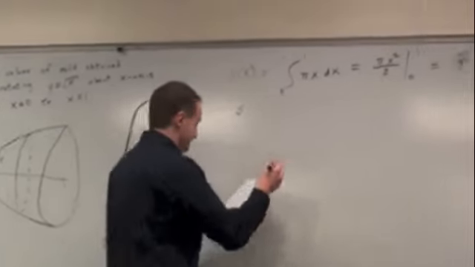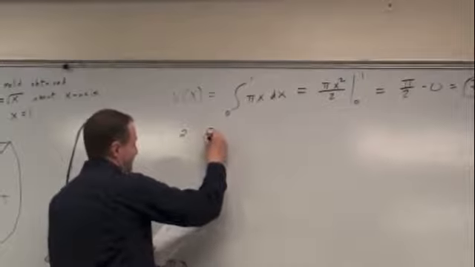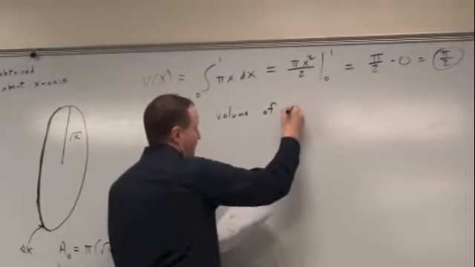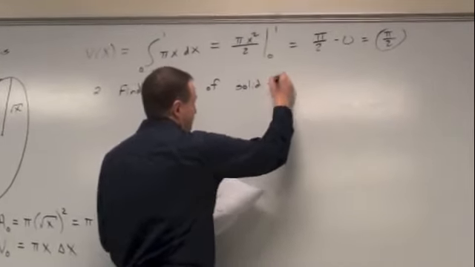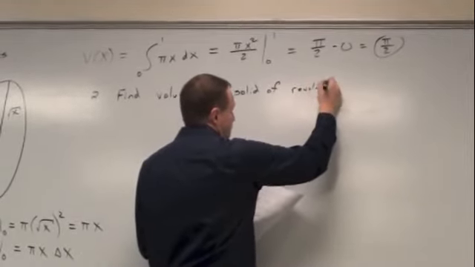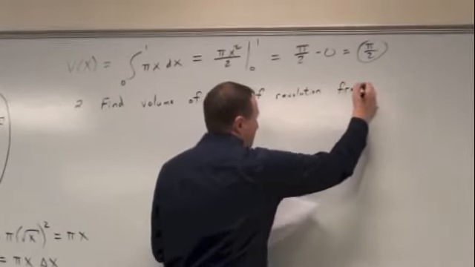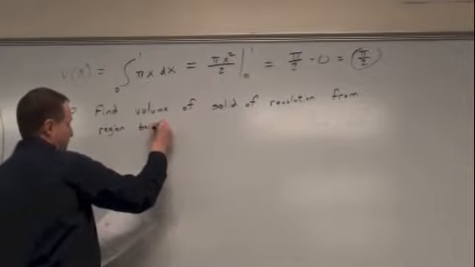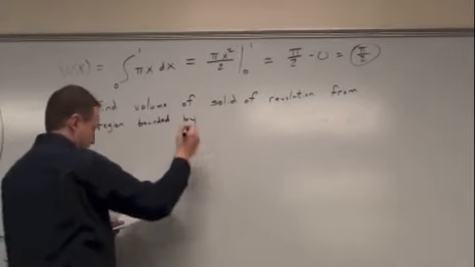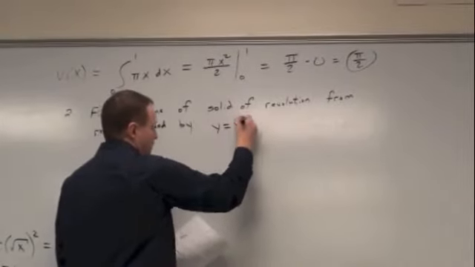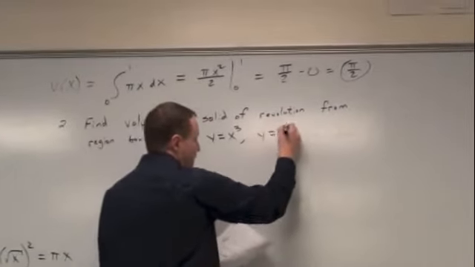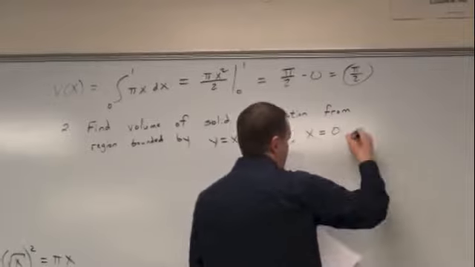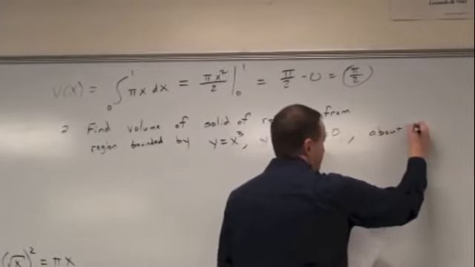So the second one here, I'll say, find the volume of a solid of revolution from the region bounded by y equals x cubed, y equals 8, x equals 0, and then I'll say about the y-axis.